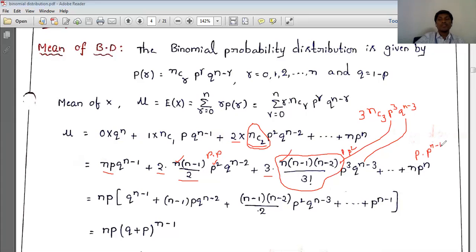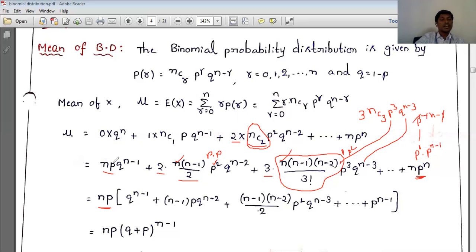By the rule a power m into a power n is a power m plus n. If you write this as P power 1 plus n minus 1, the 1 and minus 1 cancel. What remains? P power n. So this we can write. Now we are taking the common term as np.